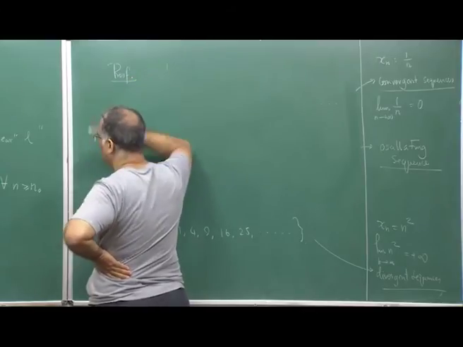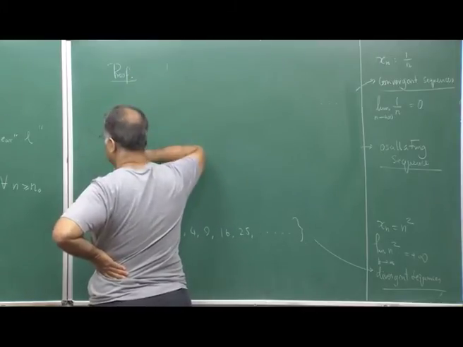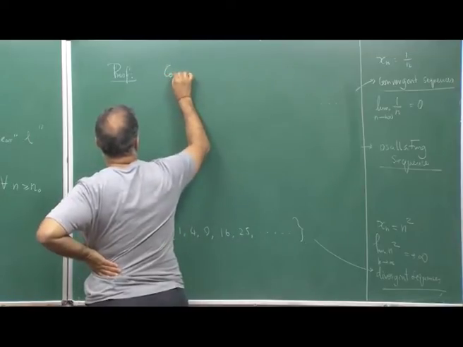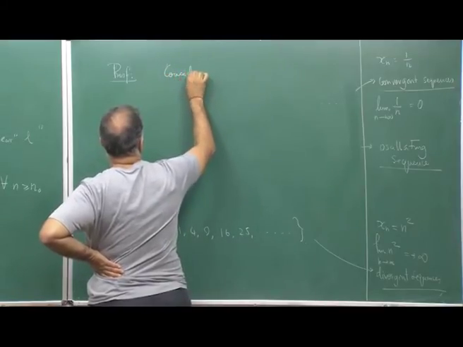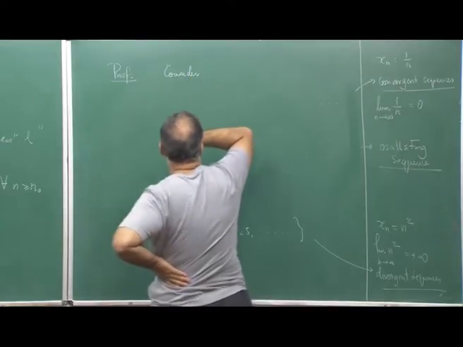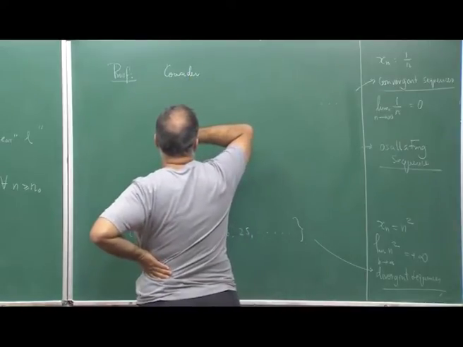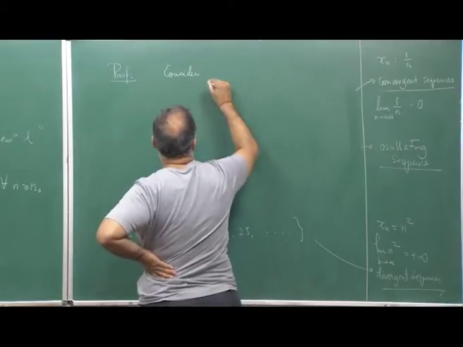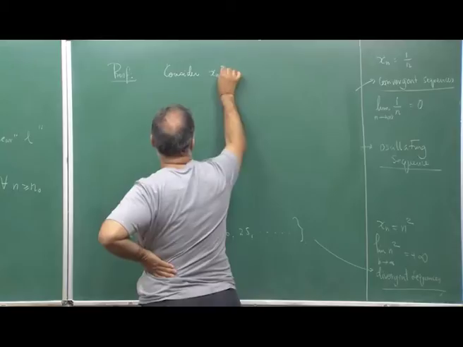Now, the proof is the following. We want to show xn is bounded. Now, consider xn to be convergent.